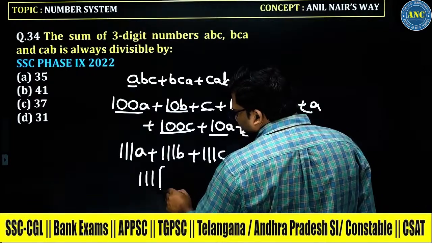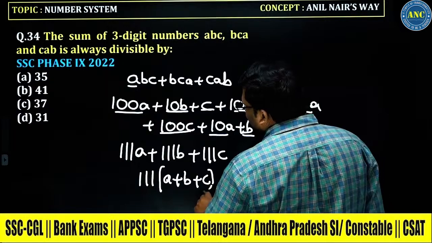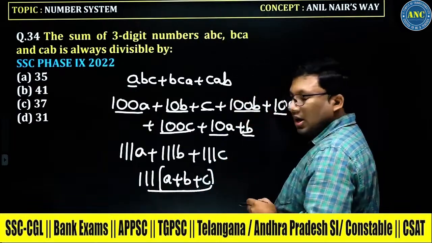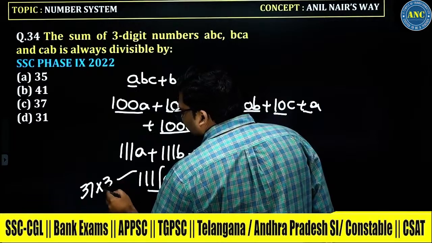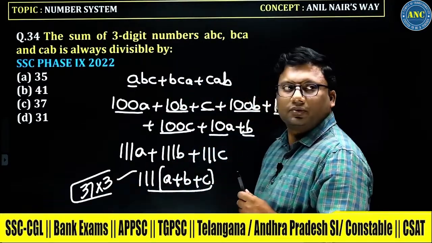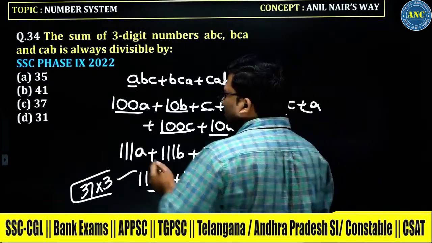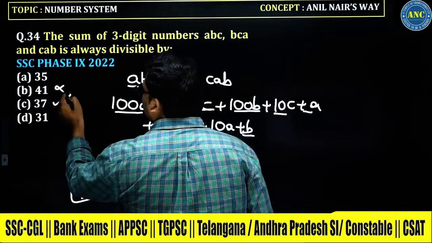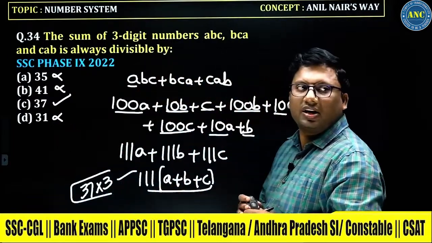If I take 111 common, it is 111 into A plus B plus C. 111 means it is 37 into 3. That means the answer is always divisible by 37. Out of 37 and 3, 37 is already present.